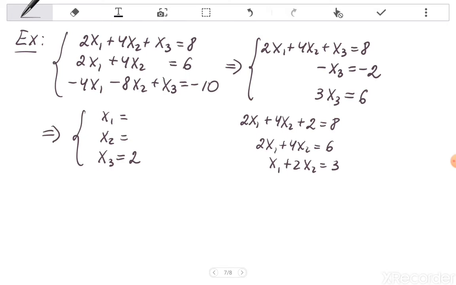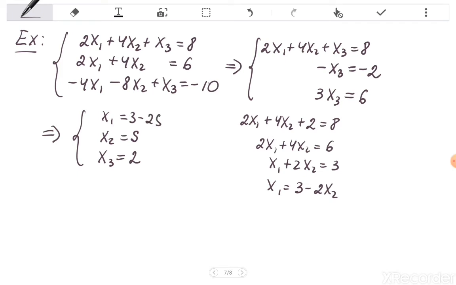So what we do in this case, we take one of these unknowns to be some s. For example, let's take x2 to be s. And then x1 is 3 minus 2x2. So x1 is 3 minus 2s.